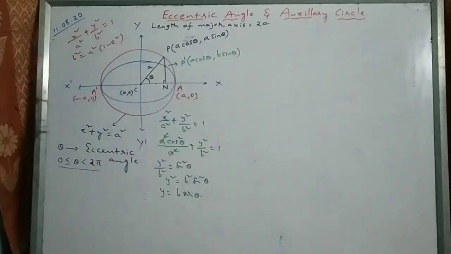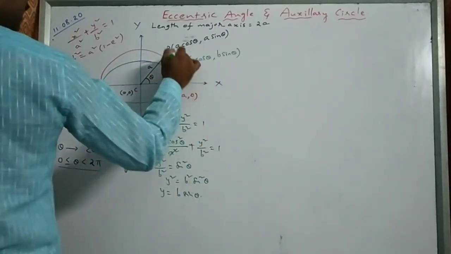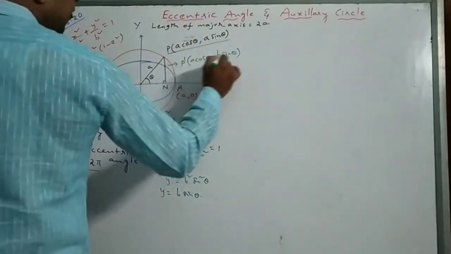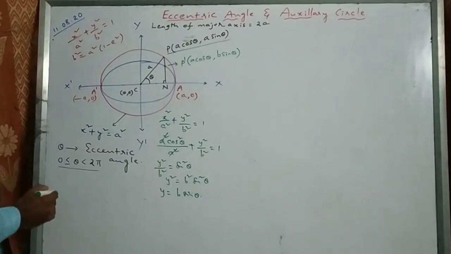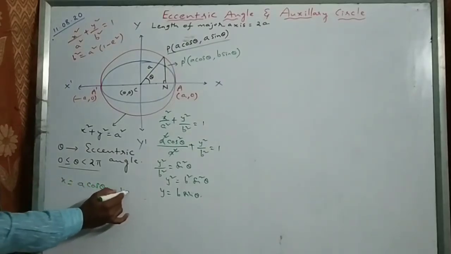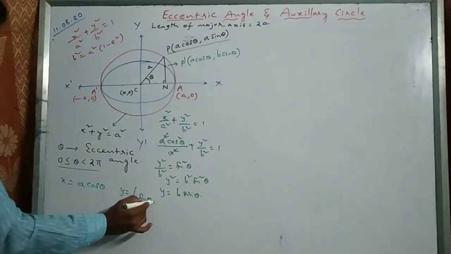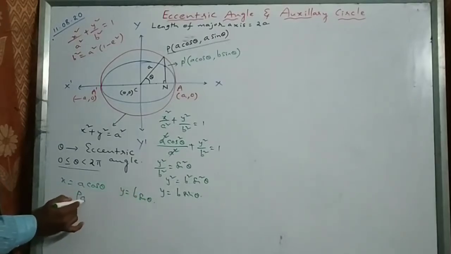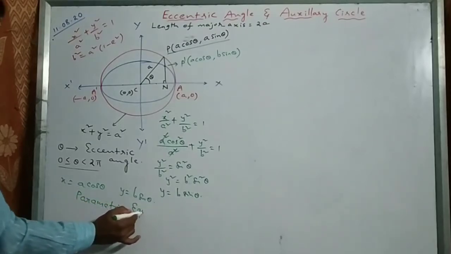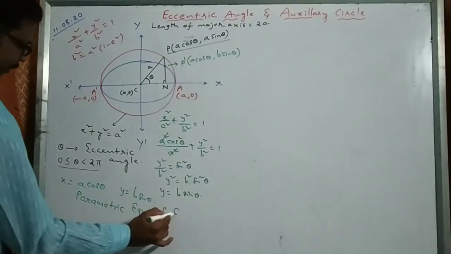So what are the coordinates here? B sin theta. So this P dash is called the corresponding point of this P. Okay. This is a cos theta comma b sin theta. So x equal to a cos theta, y is equal to b sin theta. These equations are called parametric equations of ellipse.